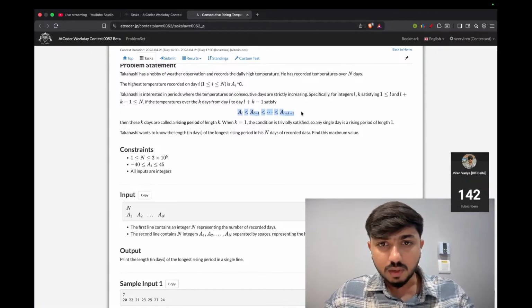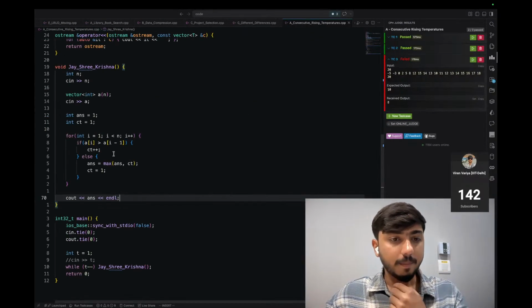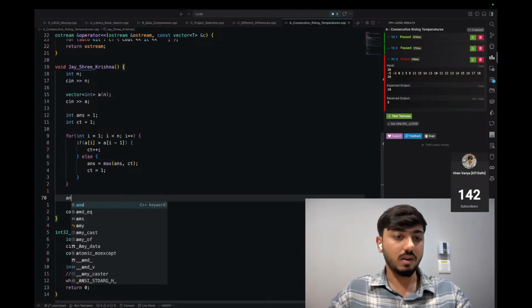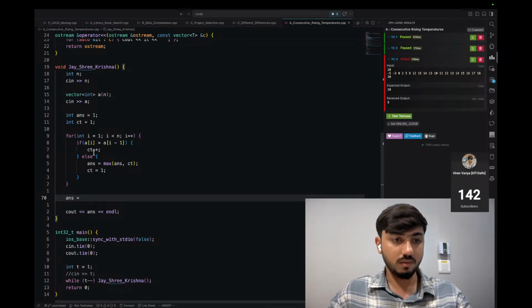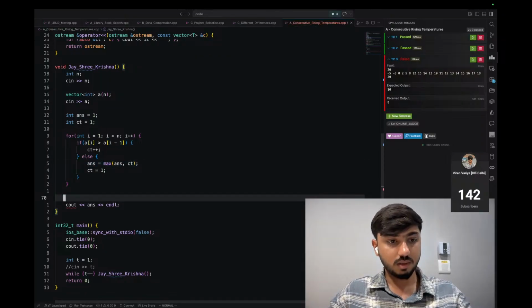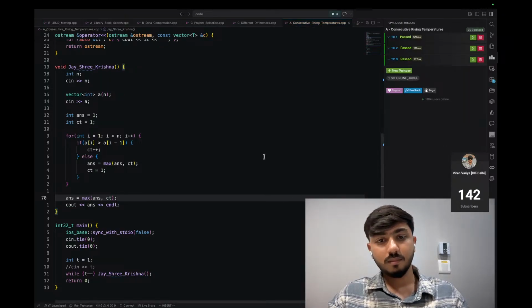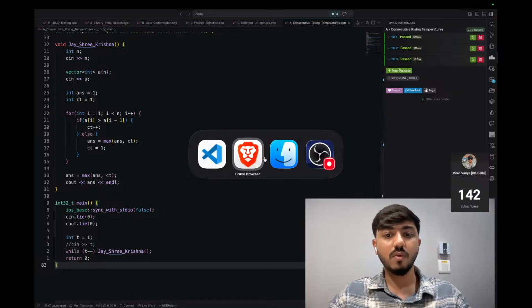So not equal to, right? There's no less than or equal to. It's strictly, that is what we are checking here. And here also answer should be equal to the max. Yeah, this is what I missed. We are good to go.